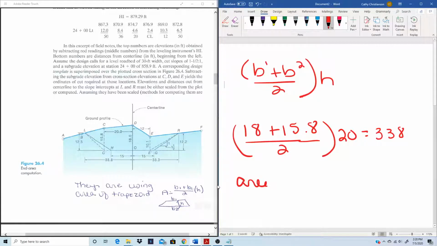So if I would put that in, area equals 1/2 base times height, 1/2 and 15.8 times the 13.8.